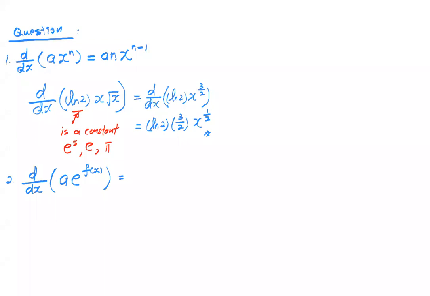So for this one, copy down the whole thing, multiply by the rate of change of the power. Clear? And when I say exponential or ln, there are a few formulas that you have to remember so that you can simplify.